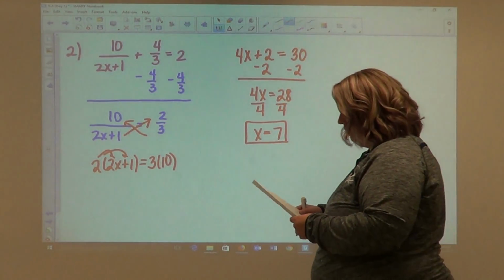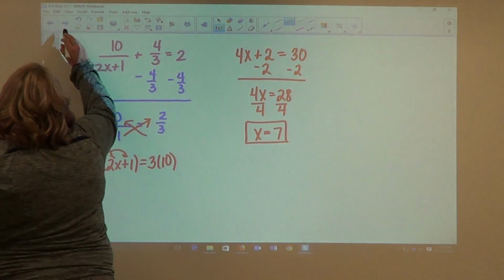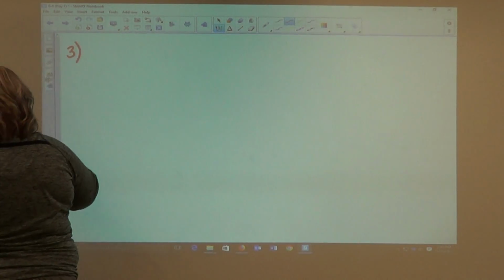Okay, now we're going to do ones that are a little bit more complicated. So we can't cross multiply on these.